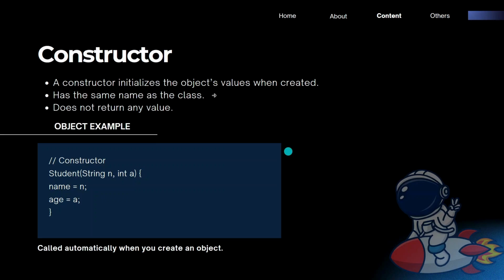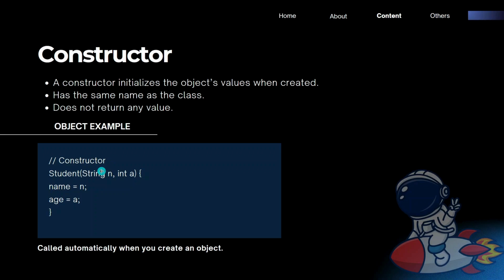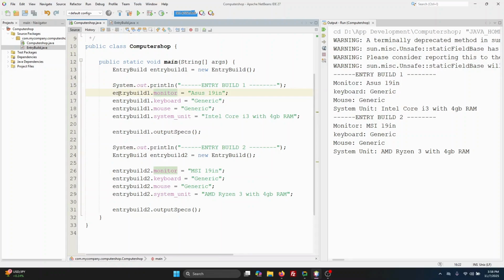Okay, so the purpose of the constructor is for us to put parameters in the class, for example, EntryBuild. So instead of declaring EntryBuild dot monitor or EntryBuild1 dot monitor, we will just put in here the values directly.